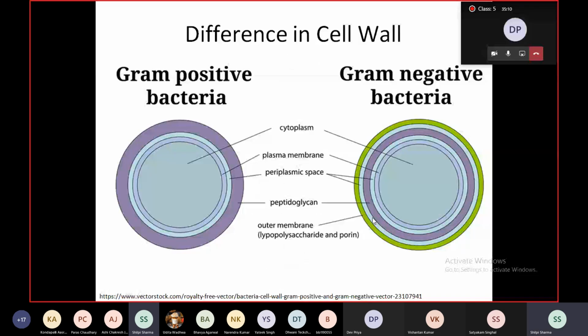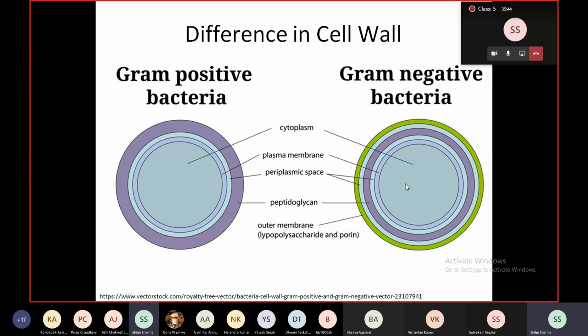Now, what is the mechanism behind this differentiation? Gram staining is based on the ability of the bacterial cell wall to retain the primary stain, that is the crystal violet dye, after the solvent treatment. The cell walls of gram positive bacteria have a higher peptidoglycan and a lower lipid content compared to gram negative bacteria, and so they can retain the first stain and are visualized as violet.